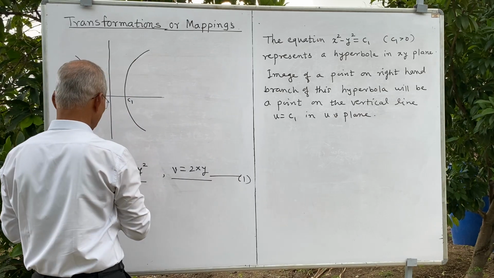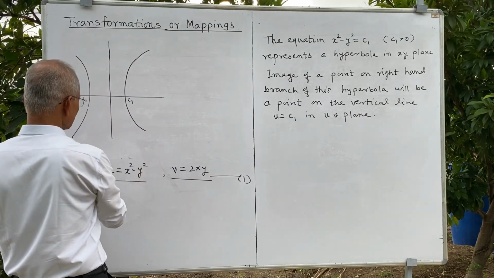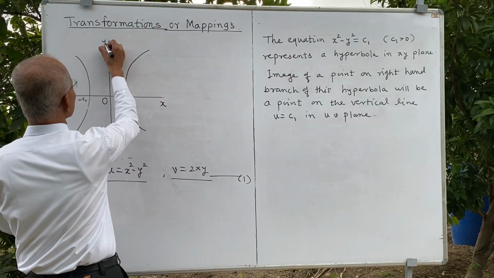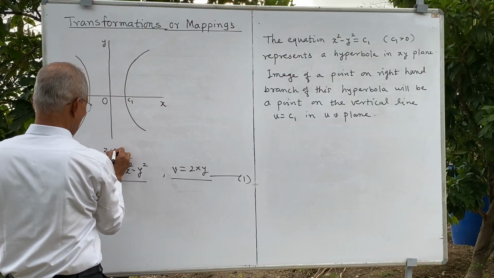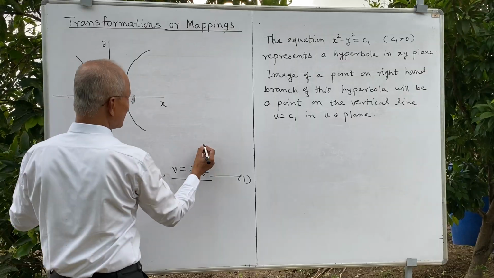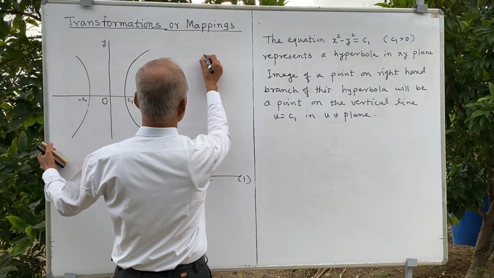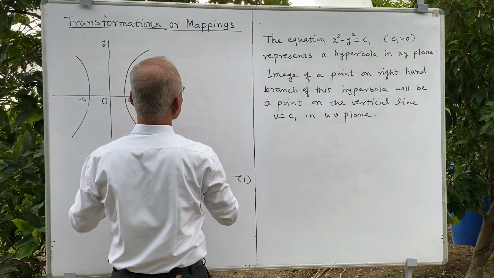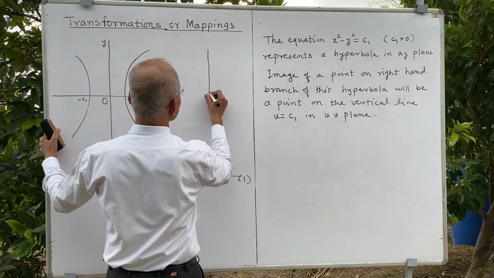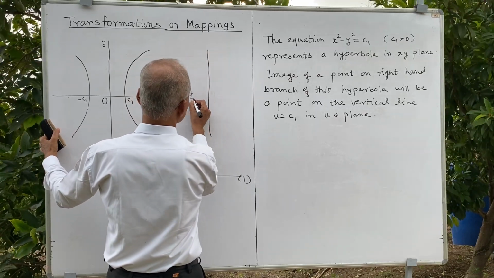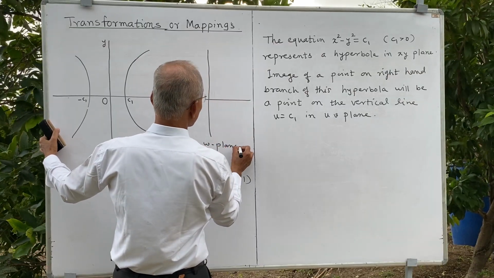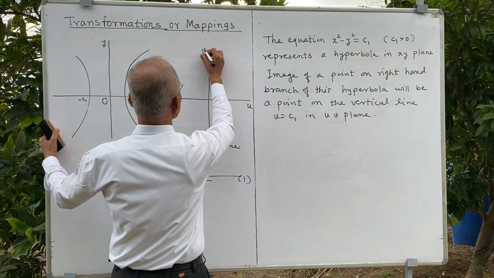This is the z plane, x, y, and we will consider the w plane here, u, v.